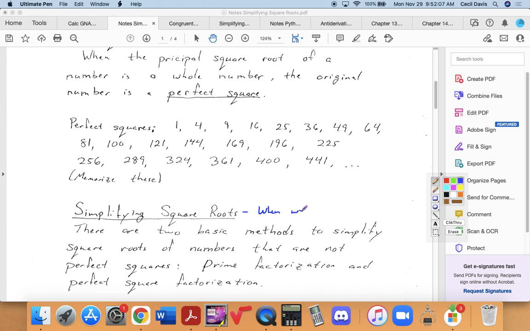When we want the square root of a non-perfect square. My T looked a lot like an F there.